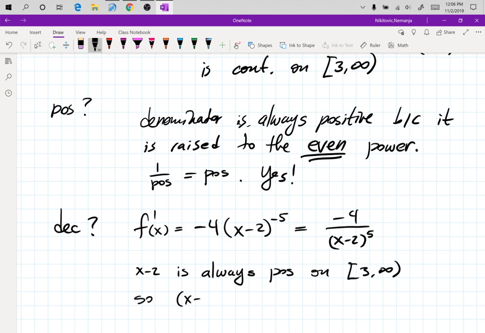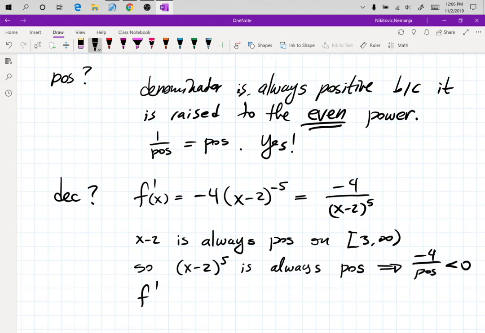So x minus 2 to the 5th is always positive, which implies that negative 4 divided by a positive number is always less than 0.